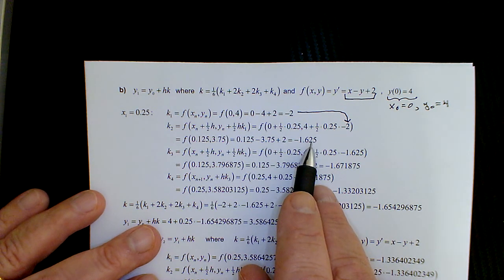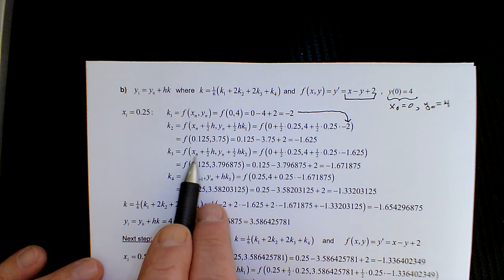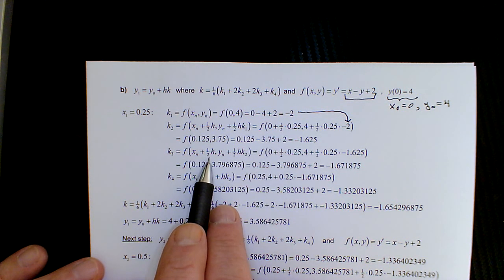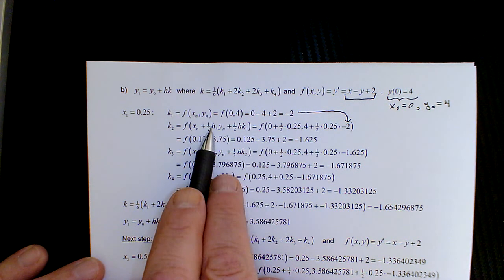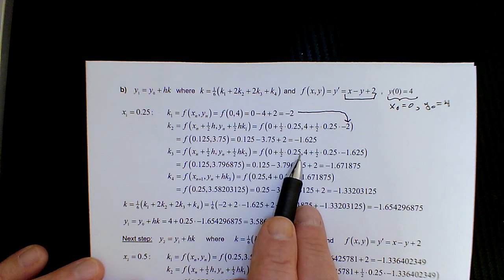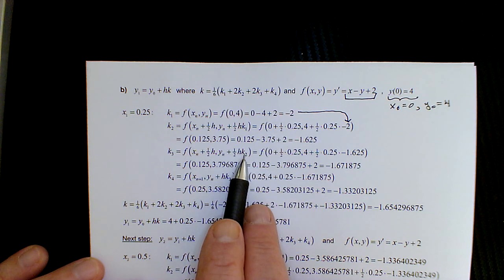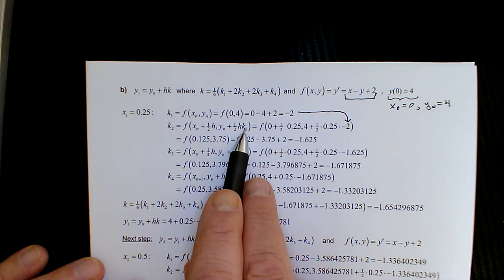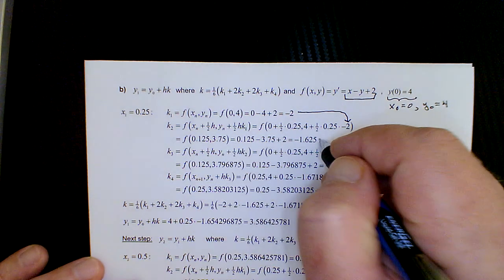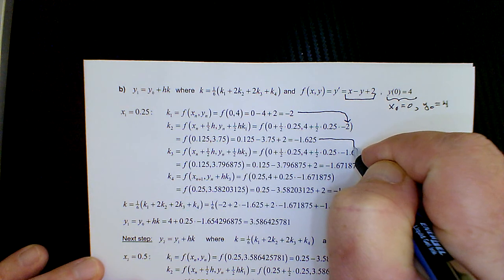Now for K3, it's x sub n plus 1/2 h again, so that's the same as the previous value, but I showed the substitution literally. The y value changes slightly. It's almost the same, except it's got K2 instead of K1. So now this K2 value is what goes there.